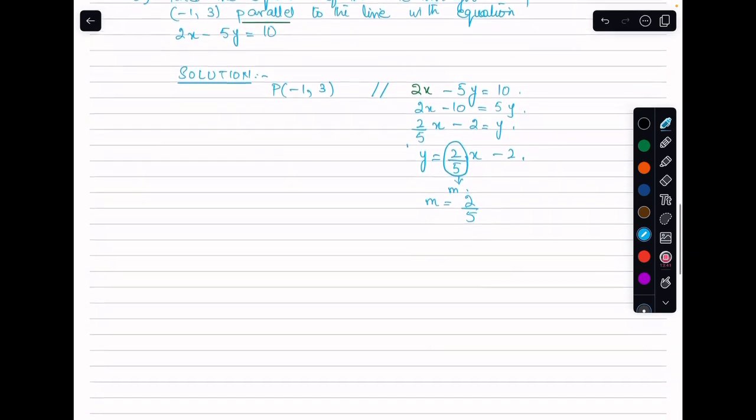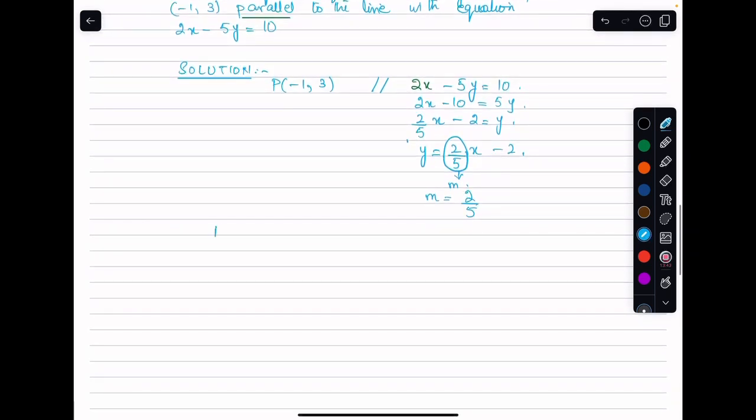So for the line that we have to make, it's the point P that is given, which is -1 and 3. We have found the gradient by rearranging the line equation in the format y equals mx plus c. And we know that the line equation is y minus y1 equals gradient times x minus x1.